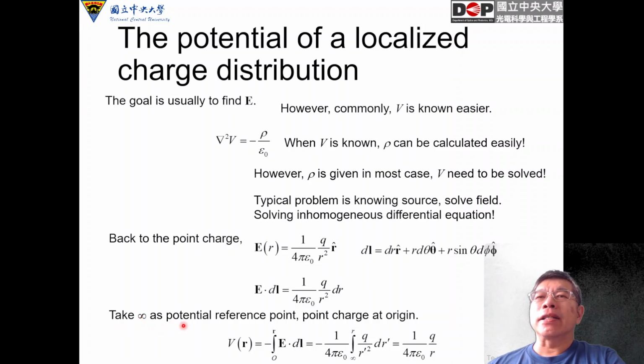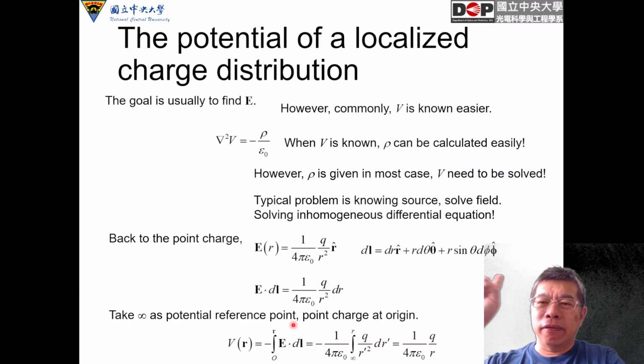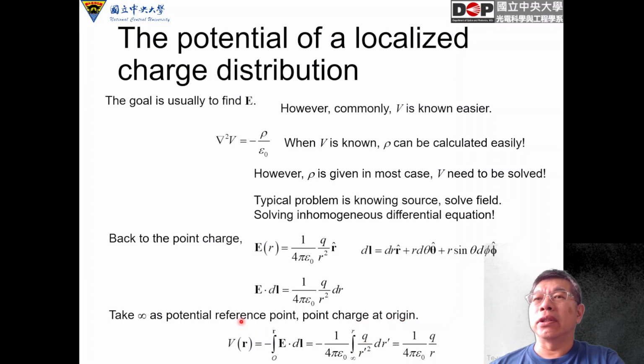Taking infinity as the potential reference point, with the point charge at the origin, the potential will be from the reference at infinity to the point of interest. This is what we have.